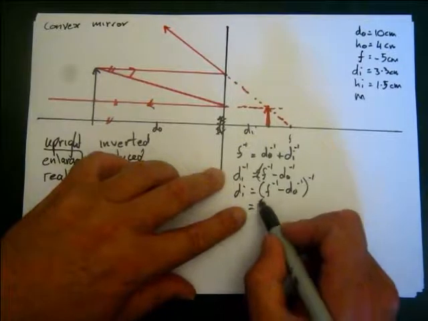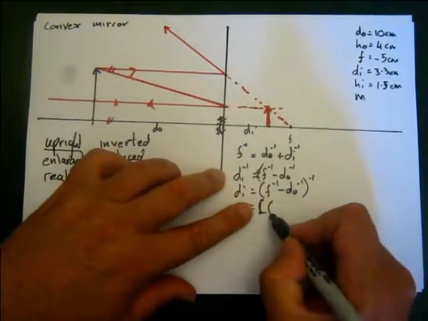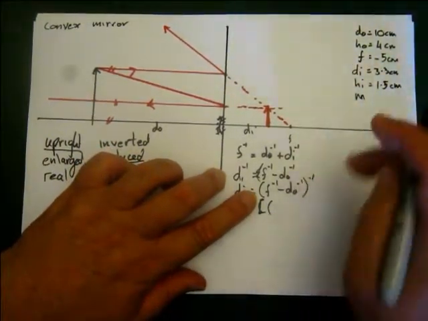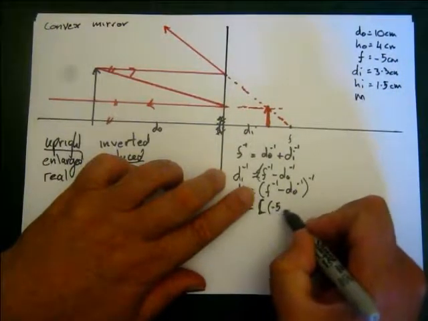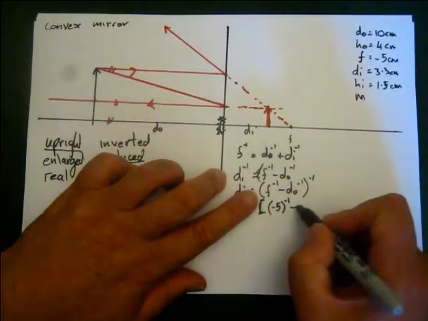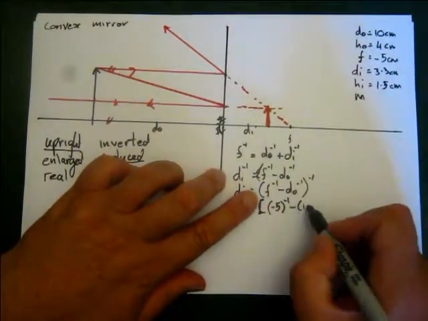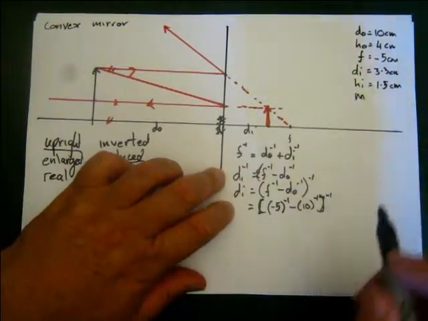So we stick in numbers, so F is going to be, and this is the important thing, we've got to stick in -5, minus DO 10^-1, and we take all that to the -1.